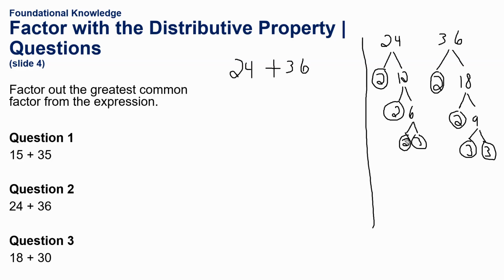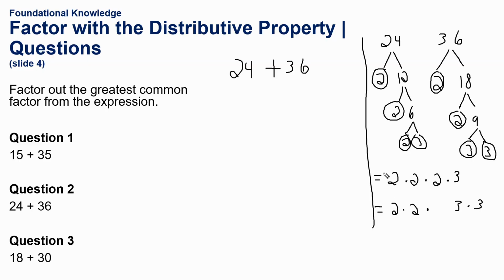So we have 2, 2, 2, and 3 for 24. So 2 times 2 times 2 times 3. And 36, we have 2 times 2 times 3 times 3.